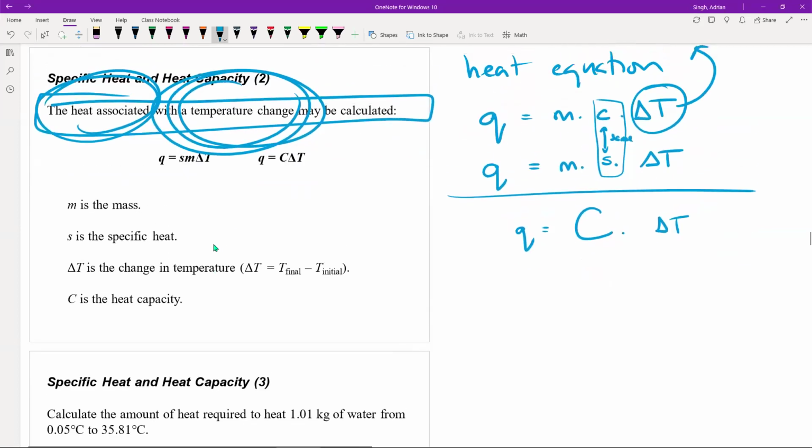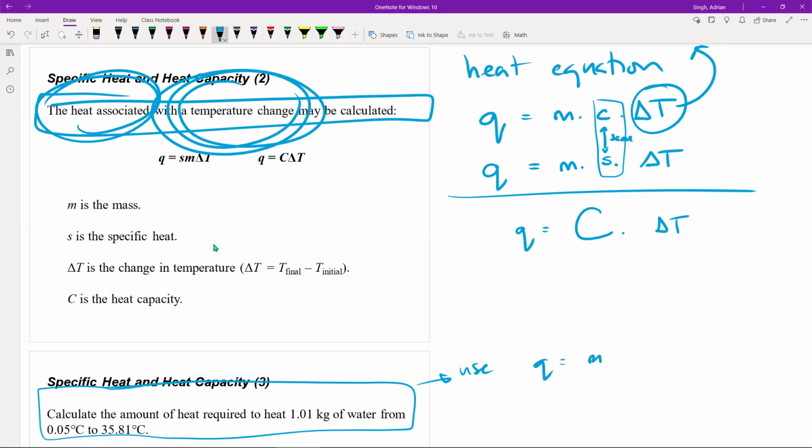So let's take a look at a simple example. It says calculate the amount of heat required to heat 1.01 kilogram of water from 0.05 to 35.81 degrees Celsius. So once you see calculate the amount of heat and you're given masses and temperature changes, we're probably going to use the heat equation.